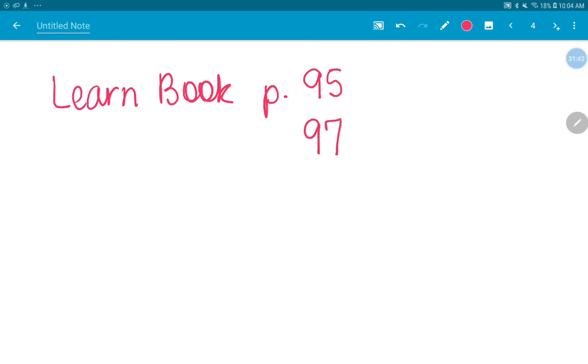I want you to circle on page 97 on number 1, which is the ones that the problems are stacked vertically. Okay? I want you to circle A.